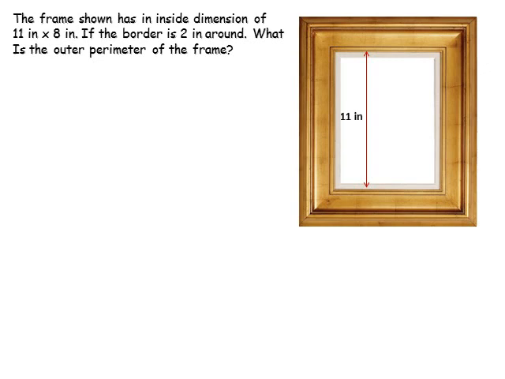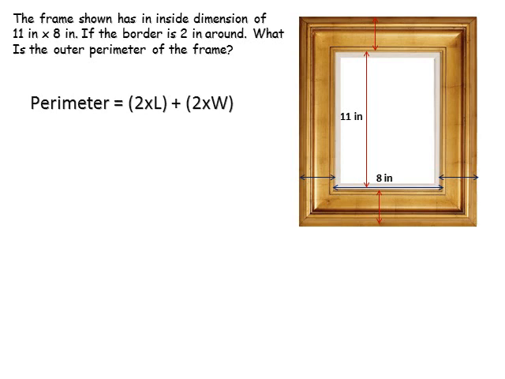The inside length, as you can see there in the arrow, is 11 inches. And the blue arrow here is the inside width, which is 8 inches. Now you have a border, right? This border, that dimension there, is 2 inches. Also 2 inches on this side, 2 inches on top, and also 2 inches on the bottom.